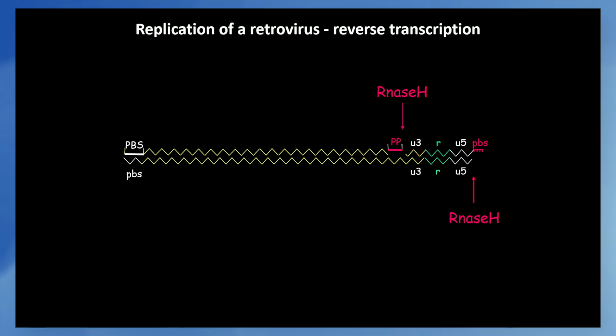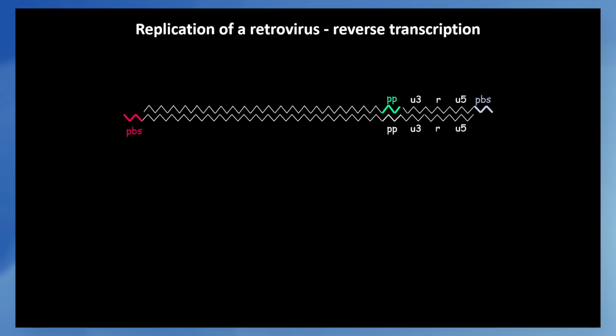And the reason is that the 19th nucleotide is a modified base, which the reverse transcriptase cannot use. So reverse transcription halts after the 18th nucleotide because the 19th nucleotide is modified.